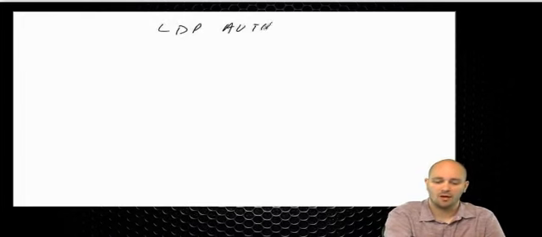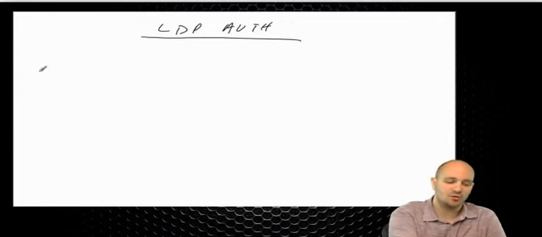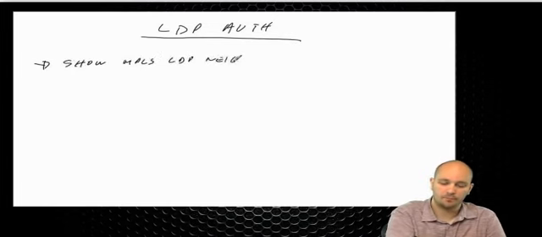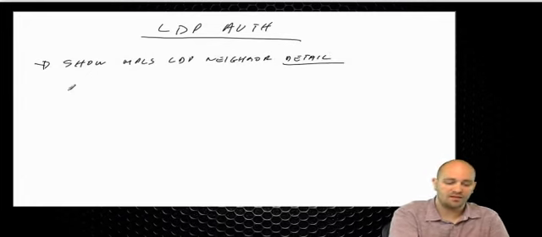But otherwise, they're very, very similar in the fashion in which they operate. Now, when it comes to the LDP authentication, I'm just going to spend one more moment on it. The important thing is to see that you can see whether it's enabled with show MPLS LDP neighbor, but it's important to run detail. One of the things that you should be looking at here is the TCP session.